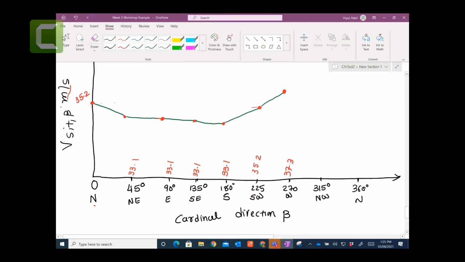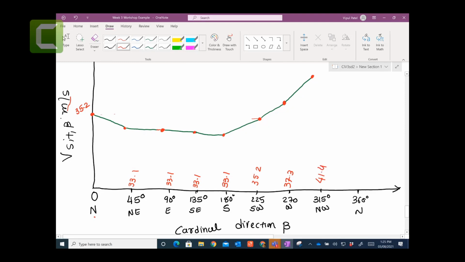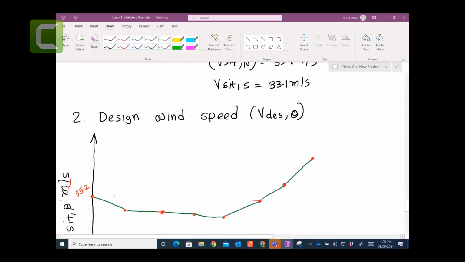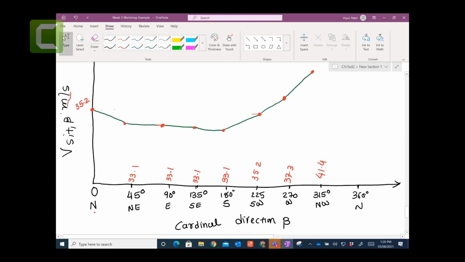So you're going to go up again. Oh, sorry, let's put the green line, and that would be your 41.4, and then again north is 35.2. So if I just take it on the same line as here, somewhere here, and then you draw back to 35.2.